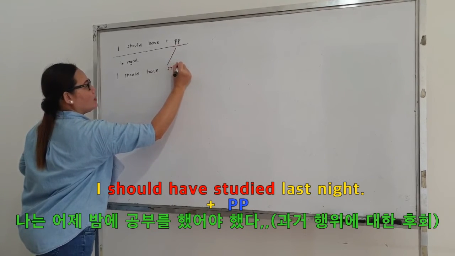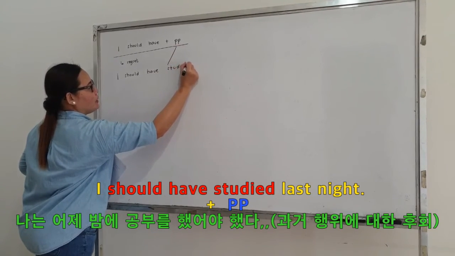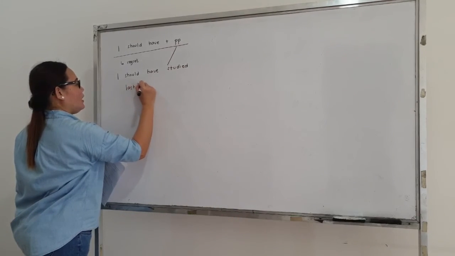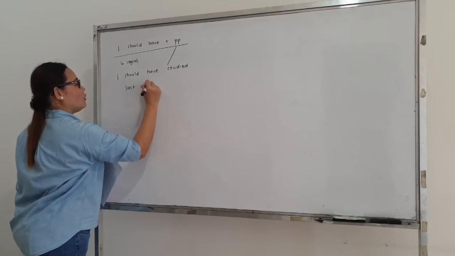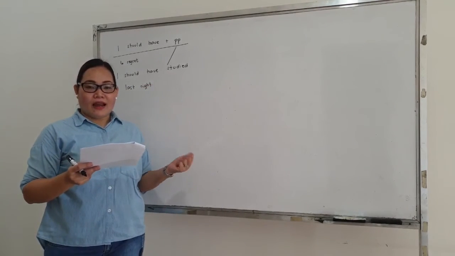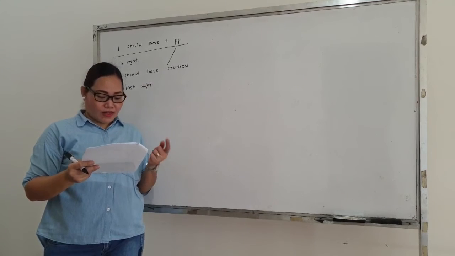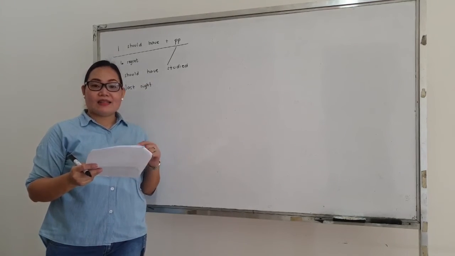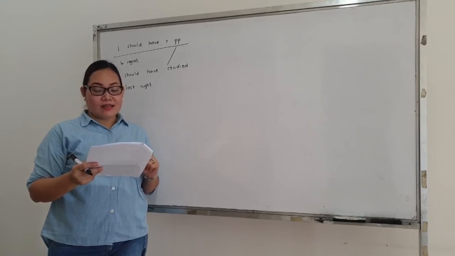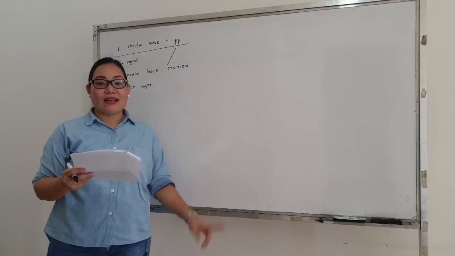Always remember that, should have plus PP. I should have studied last night. From the sentence I have just read a while ago: I had a test this morning. I got a low score on the test because I didn't study for it last night.